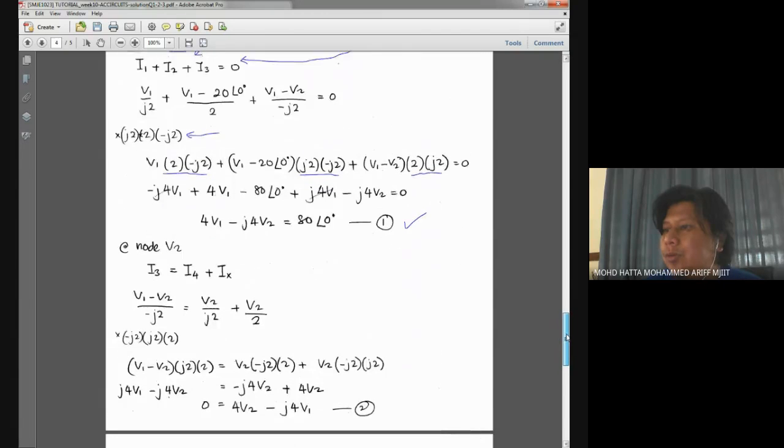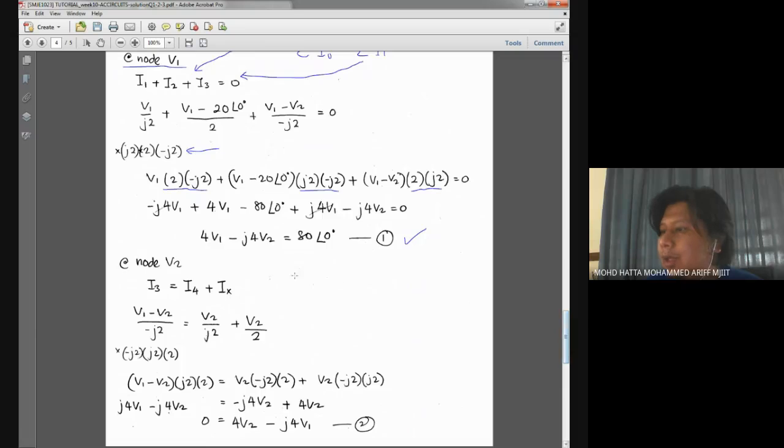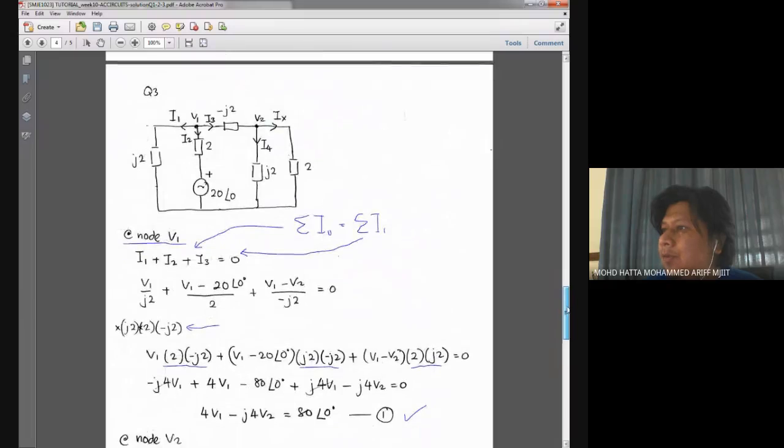For node V2, again we are applying the KCL equation: sum of I out equals sum of I in. If you look at this node, the current coming in is I3 and the current flowing out is IX and I4.